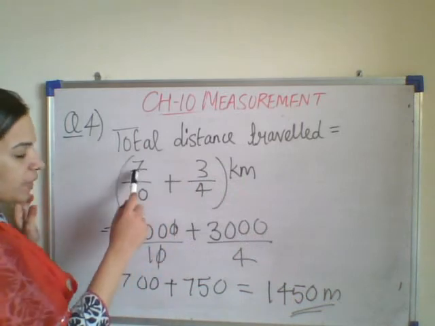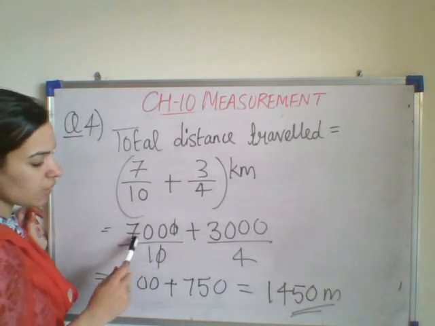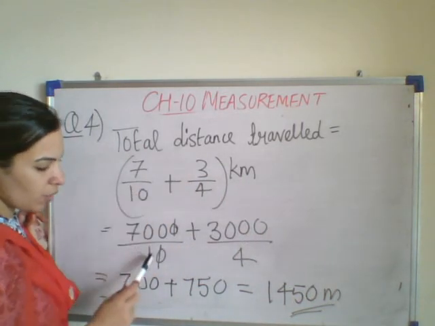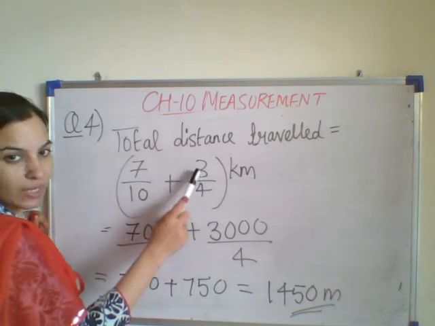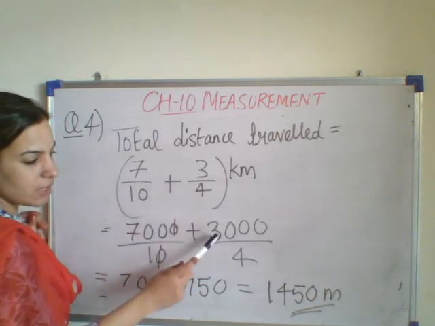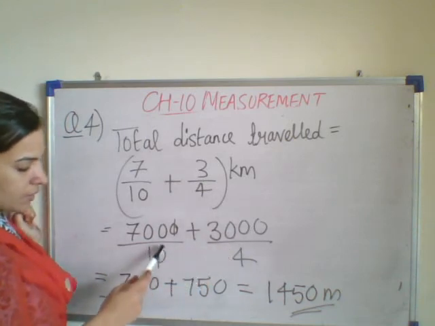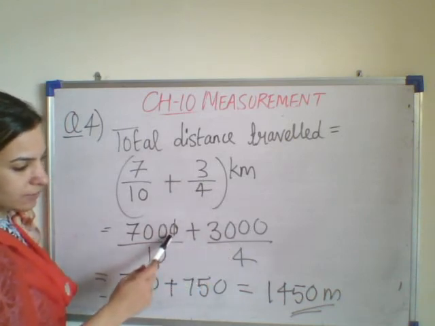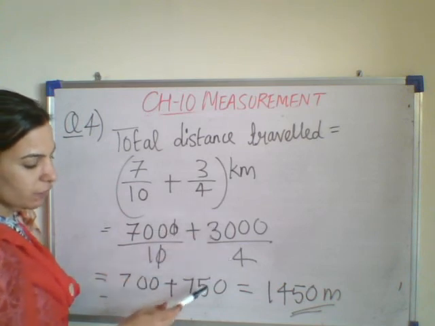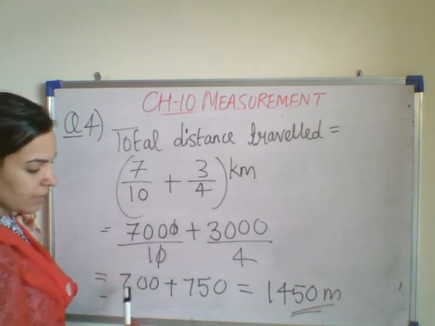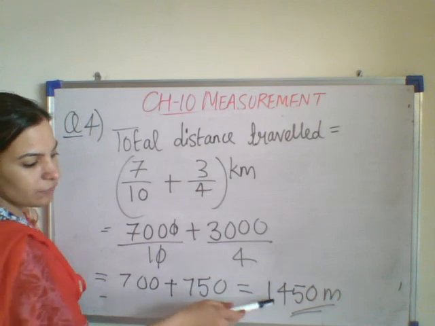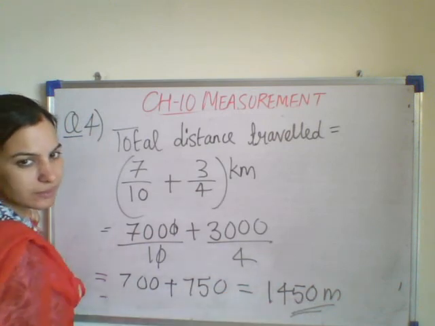So I have multiplied the 7 with the 1000, so I will be getting 7,000 upon 10, and 3 also I have multiplied with the 1000, so I will be getting 3,000 upon 4. The 0 and 0 got cancelled, and 3,000 divided by 4 is 750. If we add these two, we will be getting 1450 meters.